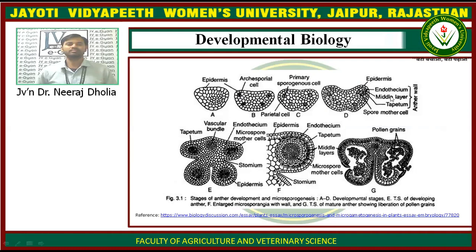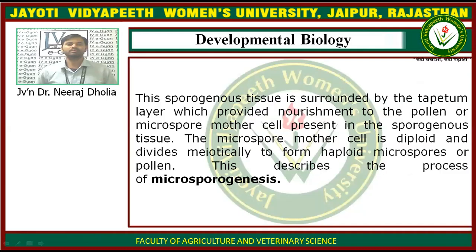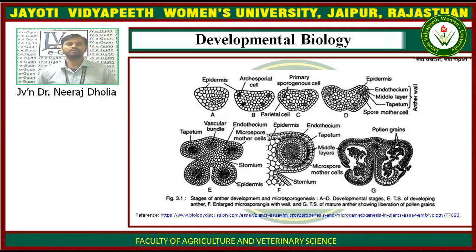The endothecium, middle layer, and tapetum are the various layers of the developing anther. These are the anthers, covered by the tapetum. The middle layers and microspore mother cells are there. This sac-like structure is known as the pollen sac, and inside the pollen sac there are the pollen grains.